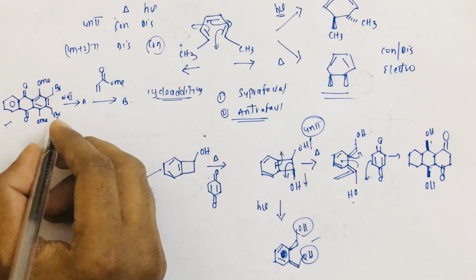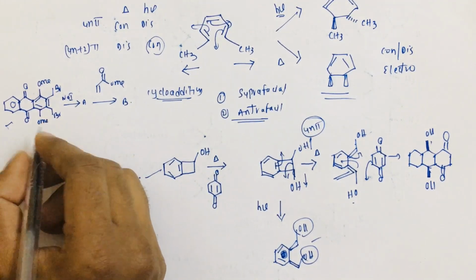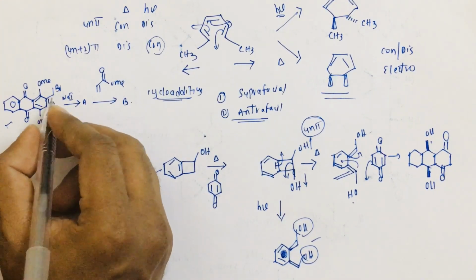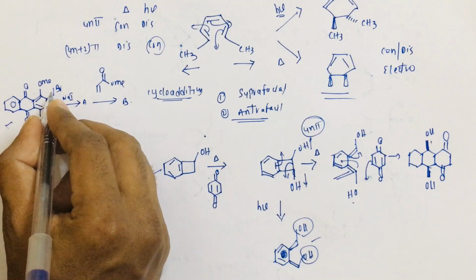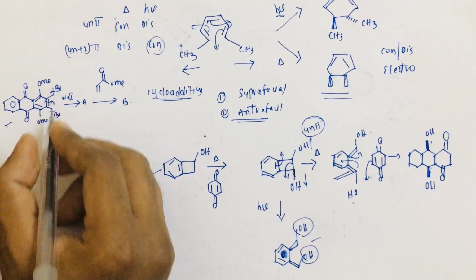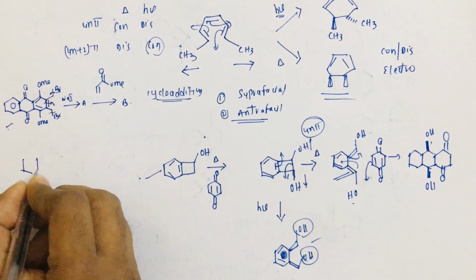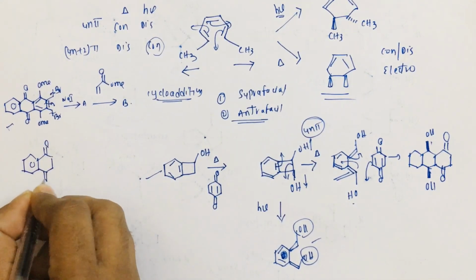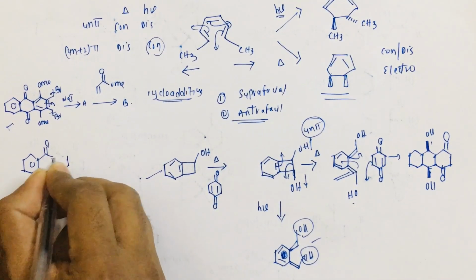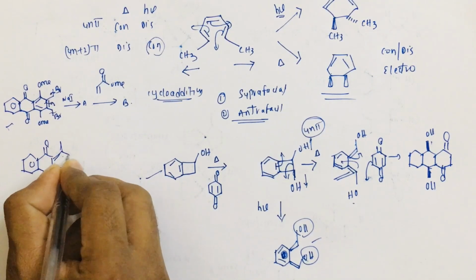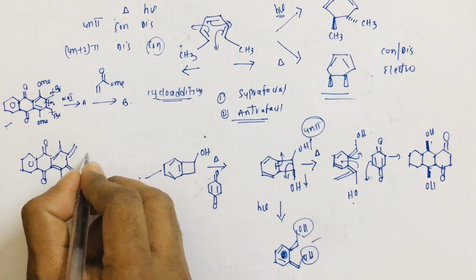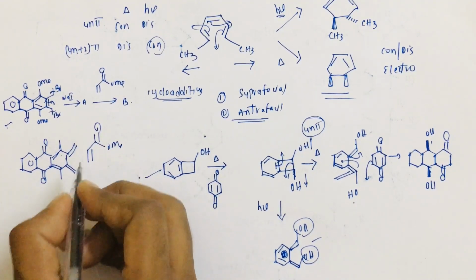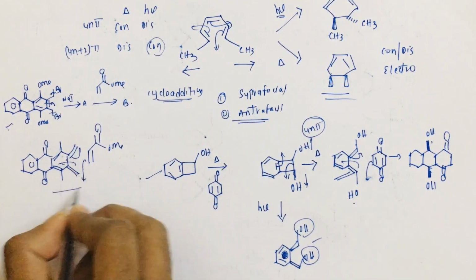And here we have this is also the, what we say, we can say like this, okay. And here we have this kind of arrangement, and here OM, okay. Here also for the Diels-Alder reaction, okay.